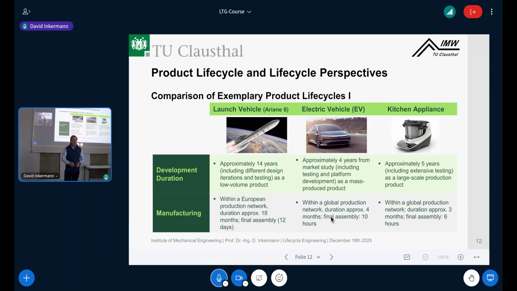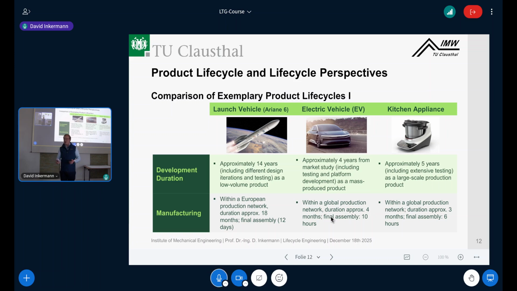In the car industry, it's about 4 years, and it's similar for the kitchen appliance. You can also use other household electric products. That's about 5 years that it takes to develop the product. And you can also see, for instance, that this Ariane is only a low volume product, where the other ones are large scale or even mass products.